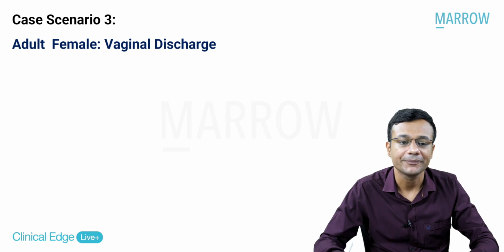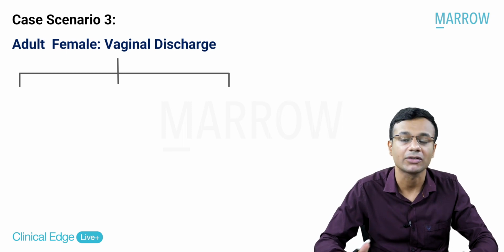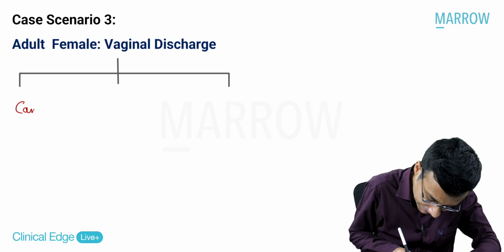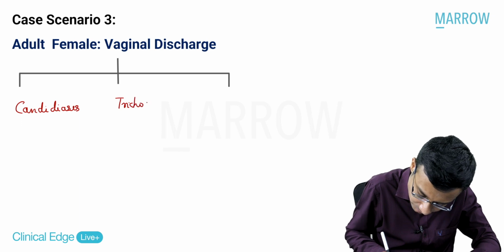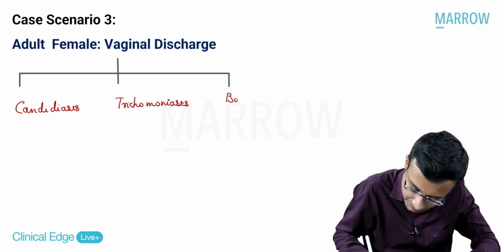Case scenario number 3, adult female presents with vaginal discharge. 3 important differential diagnoses we want to consider apart from the physiological causes. Number 1, we are looking at candidiasis, number 2, trichomoniasis, and number 3, we're looking at bacterial vaginosis.